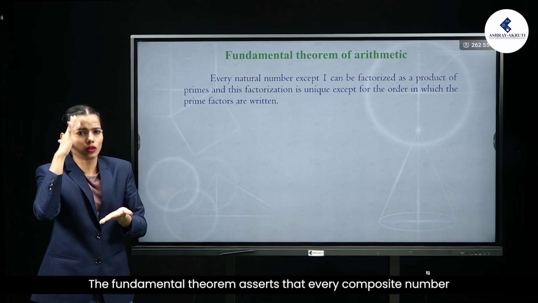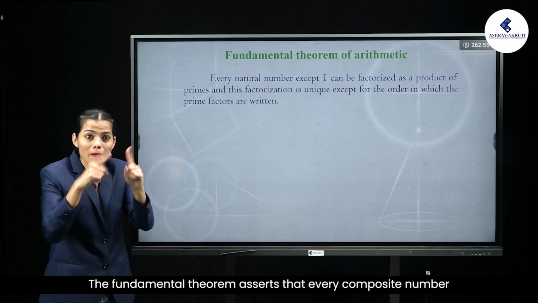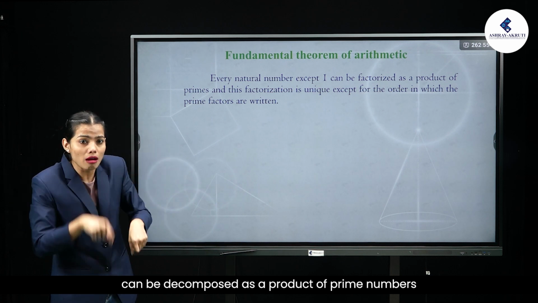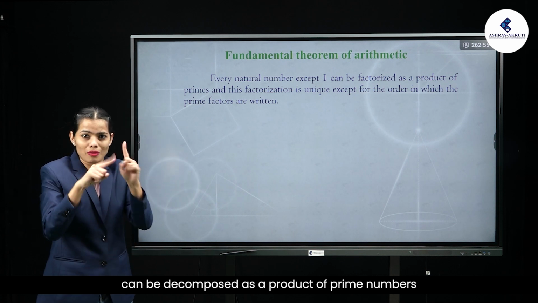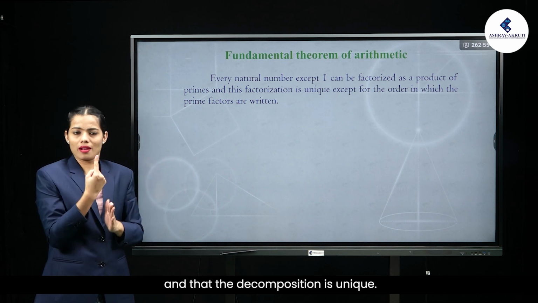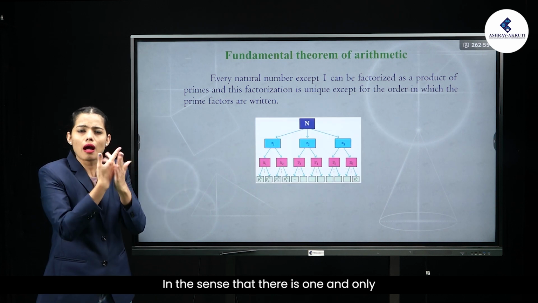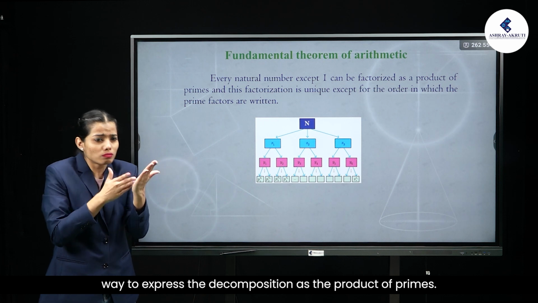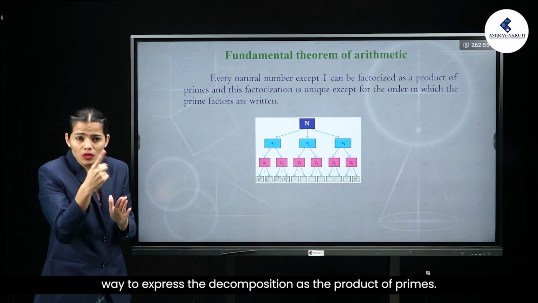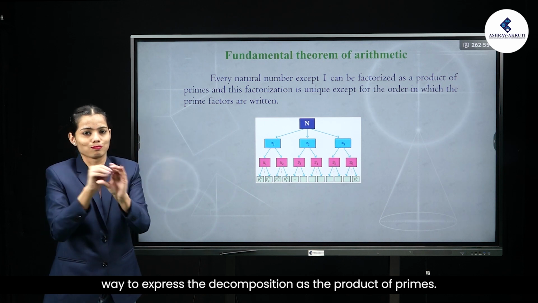The fundamental theorem asserts that every composite number can be decomposed as a product of prime numbers and that the decomposition is unique, in the sense that there is one and only one way to express the decomposition as the product of primes.